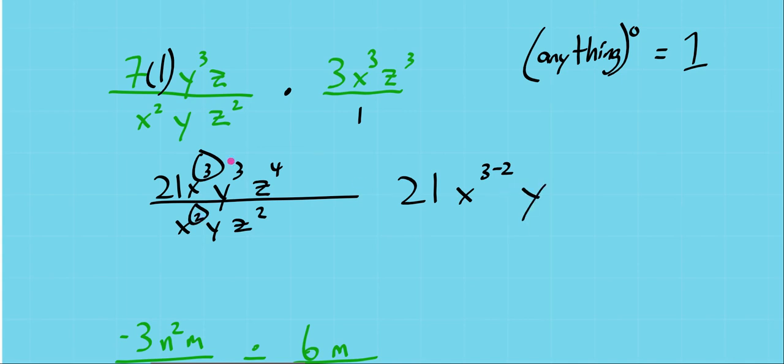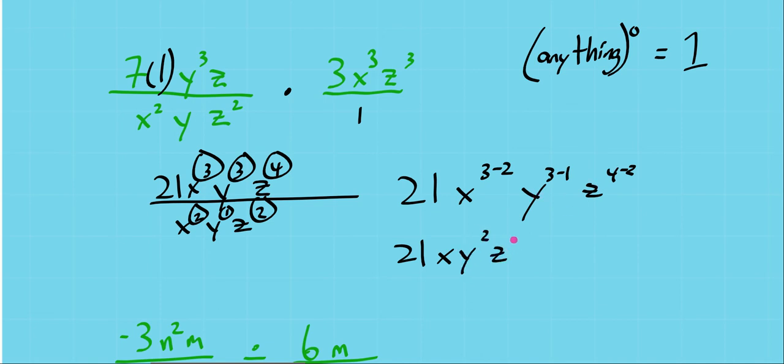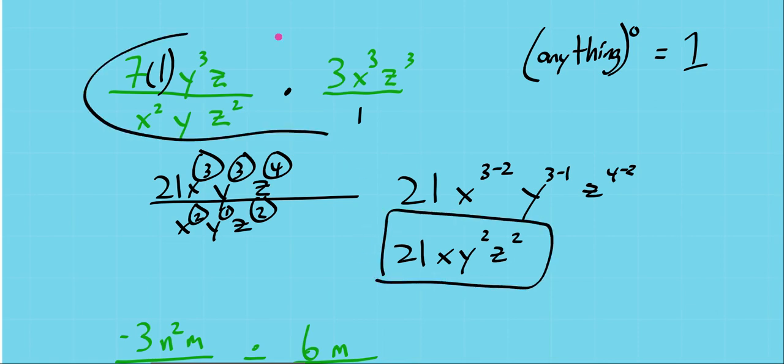We've got y to the 3 minus, there's no number, so it's a 1. Z to the 4 minus 2. So that's 21x. 3 minus 2 is just 1x. Y to the 3 minus 1 is y squared. And z to the 4 minus 2 is another z squared. So that is a simplified version of the mess we had before.